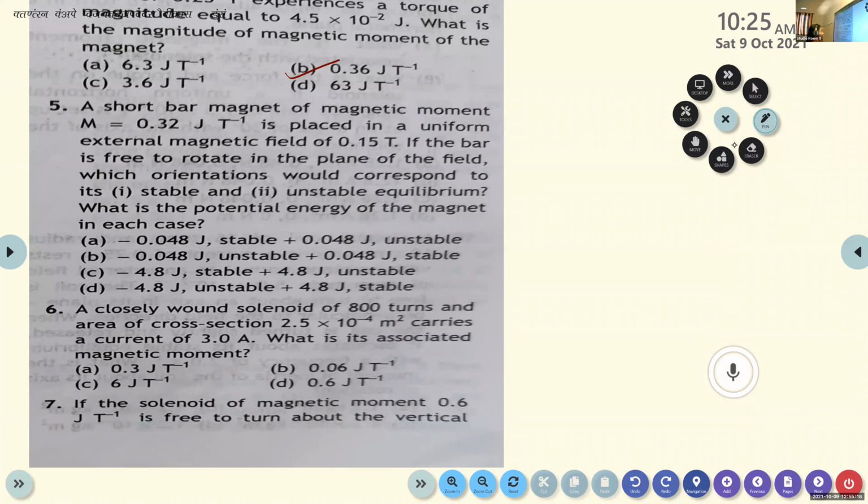What is the equation for potential energy in a magnetic field? We want to calculate the potential energy of the magnet in the stable state and unstable state.